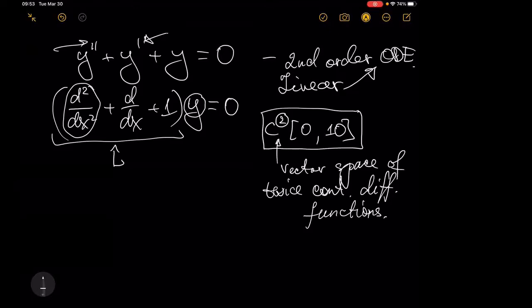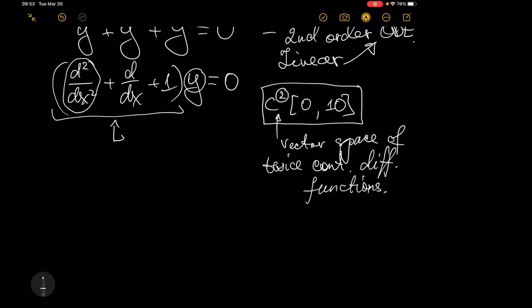Okay, how can you solve it? You can try to look for a solution in the form of some constant a multiplied by e to the power lambda x.